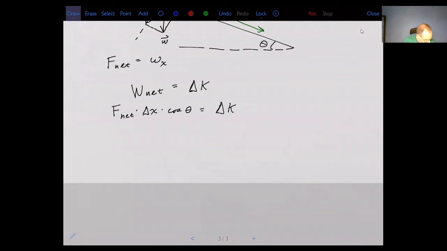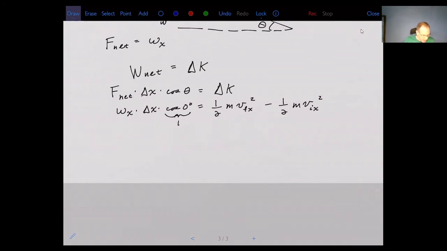Okay, so in this case, this will be Wx delta x cosine of 0 degrees. And then I can write this out as 1/2 m v final squared, v final in the x direction squared, minus 1/2 m v initial in the x direction squared. So it's the final kinetic energy minus the initial kinetic energy, the change in kinetic energy. And we already know that cosine 0 is equal to 1. I can simplify this some more.